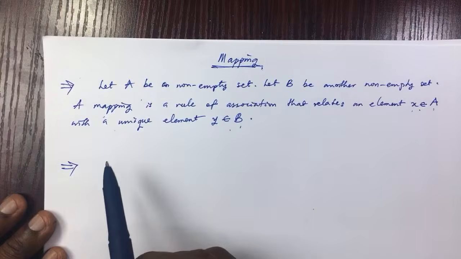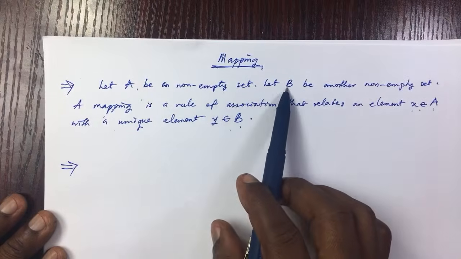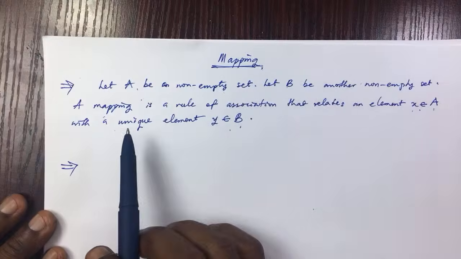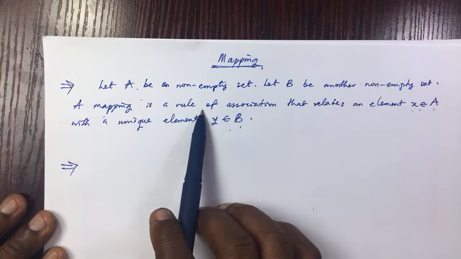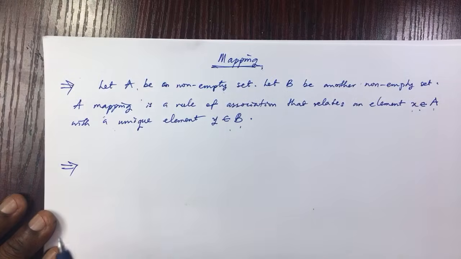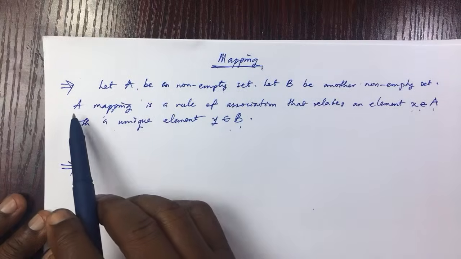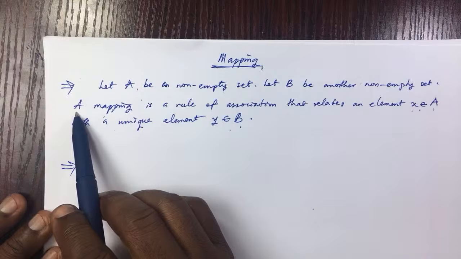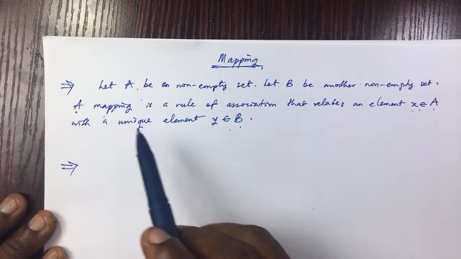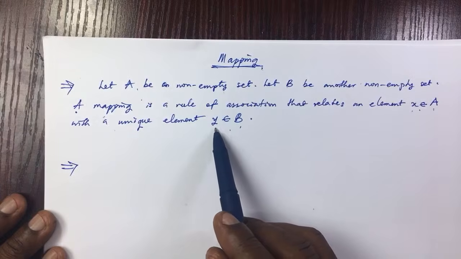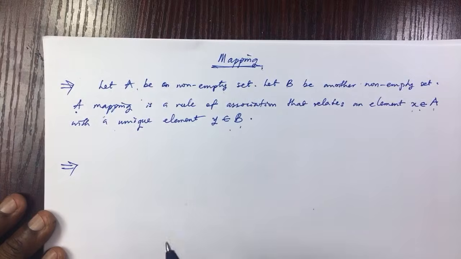Now, if A is a non-empty set and B is another non-empty set, and we have just defined a mapping to be a rule that associates an element X from the set A with another element Y, a unique one at that, from the set B, what then do we call this set A, from which we have chosen an element X to associate with a unique element Y from B? What do we call the set A?